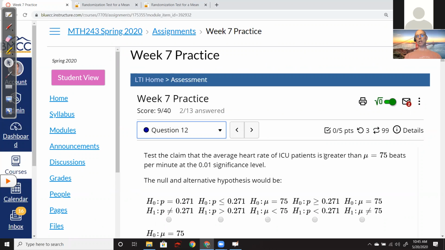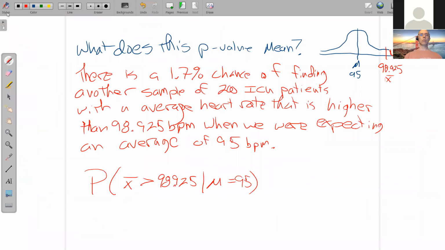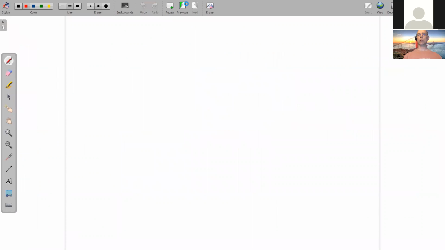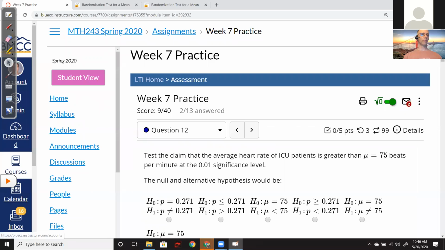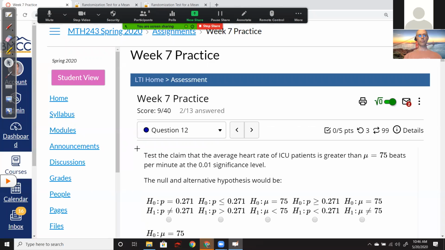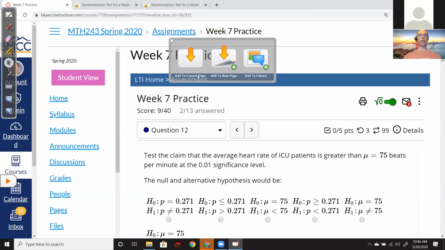Notice I was given a greater than here. So greater than, that must be an alternative hypothesis. I'm just going to grab that on a new page and see what happens. New page, screenshot. So same data, different claim.